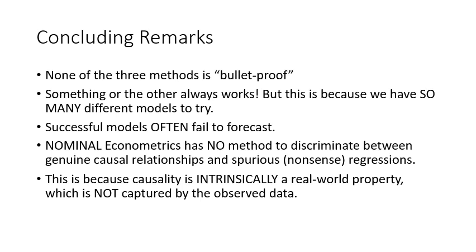But because this specification search is basically trying to justify our preconceptions, the forecasting methods based on these regressions often fail. And the ultimate conclusion that I would like to end with is to say that nominal econometrics does not have any method to discriminate between spurious and genuine causal relationships.